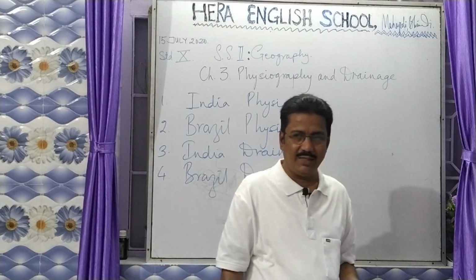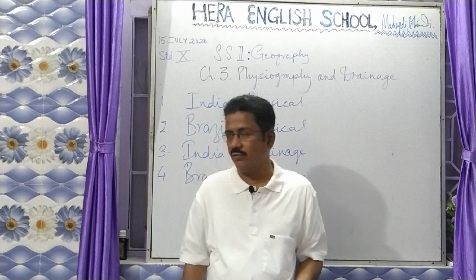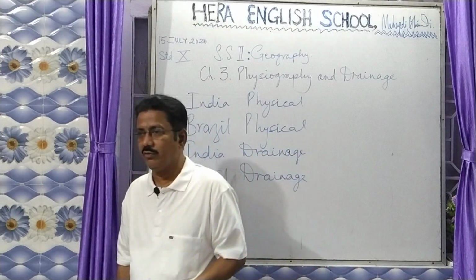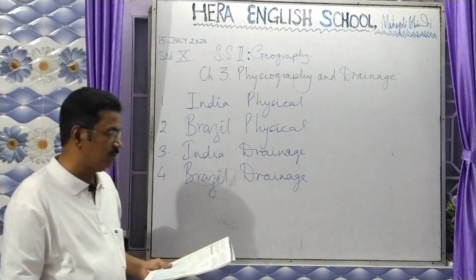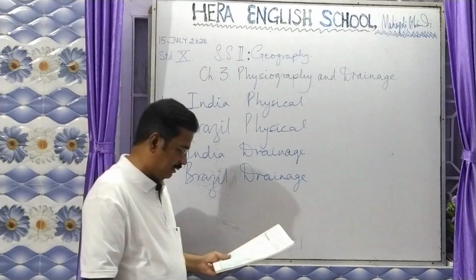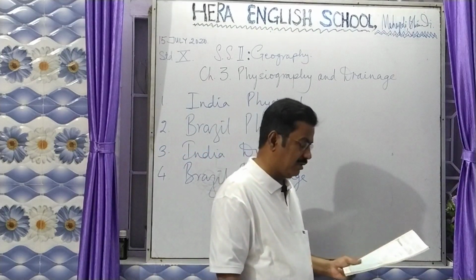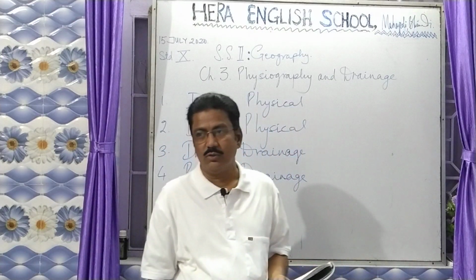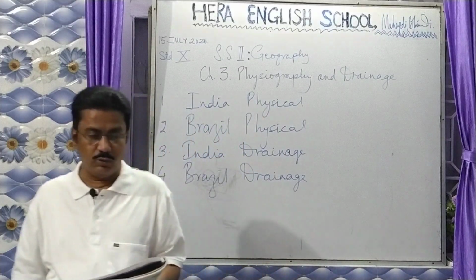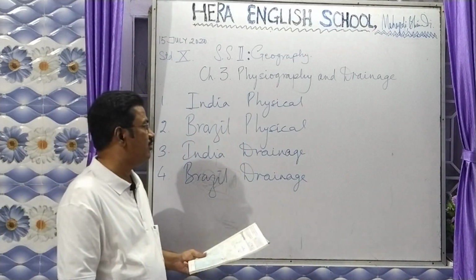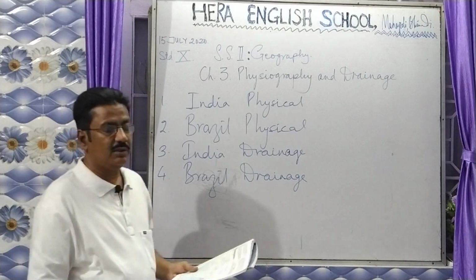Apart from that, there are many others, like the river Sabarmati, river Luni, river Periyar. These rivers do not empty themselves into the Arabian Sea, but they disappear into the country of India itself. That is why the major two rivers flowing into the Arabian Sea are the river Narmada and the river Tapi.